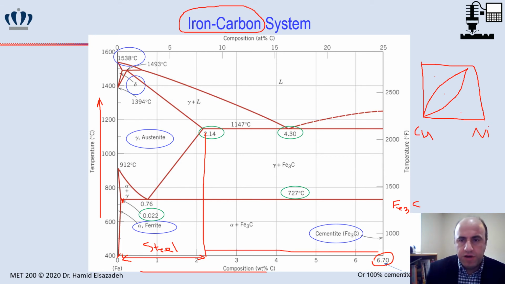And from here, in this region, above 2.4 up to 6.7% carbon, we call it cast iron.